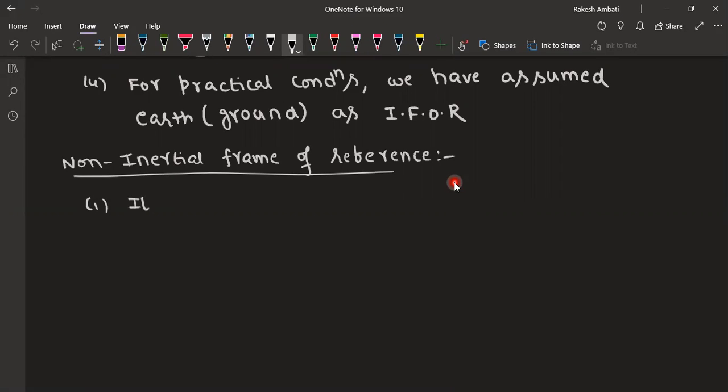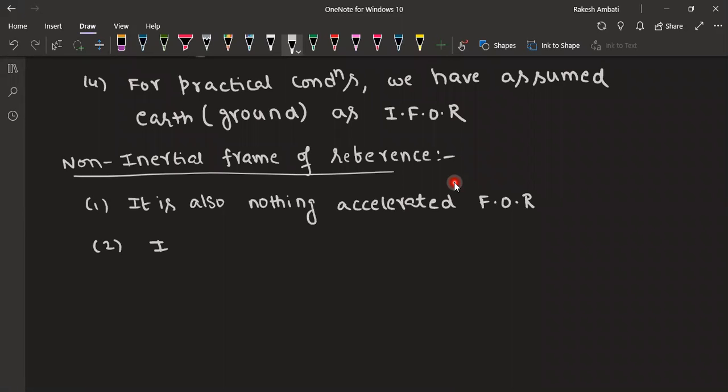It is also nothing but an accelerated frame of reference.